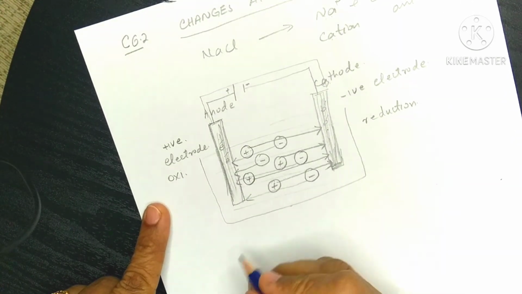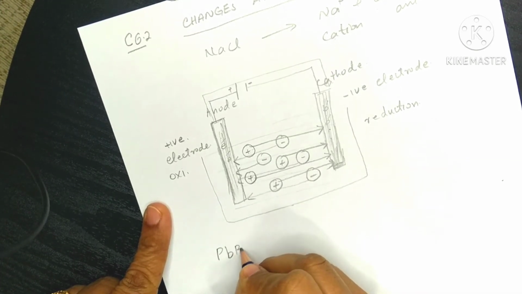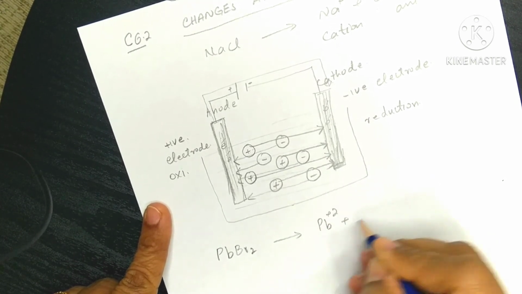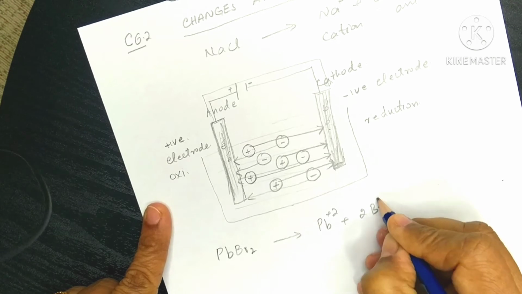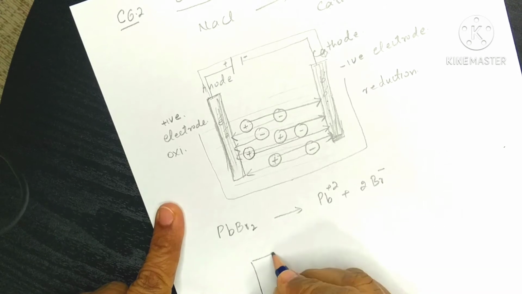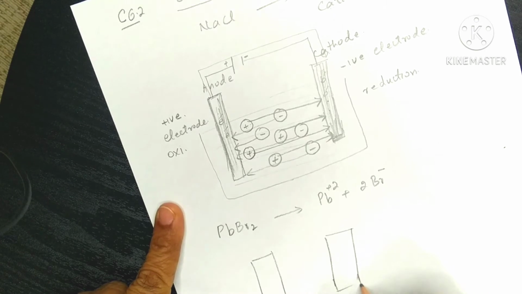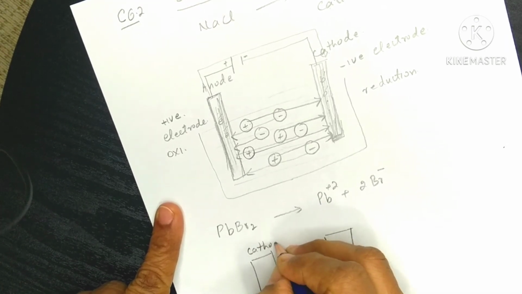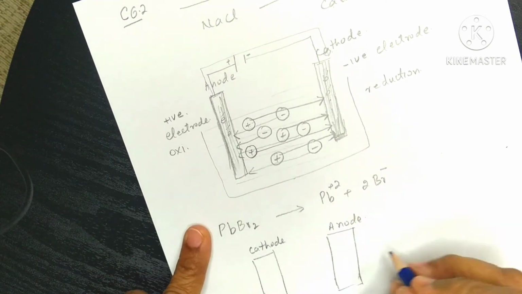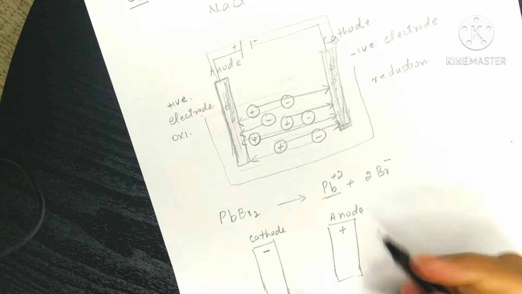I will take the example of lead bromide, PbBr2. First it will convert into lead positive ion and bromide negative ions. Now if I have two electrodes, this is the cathode, and this one is the anode. The anode is the positive electrode, and the cathode is the negative electrode.